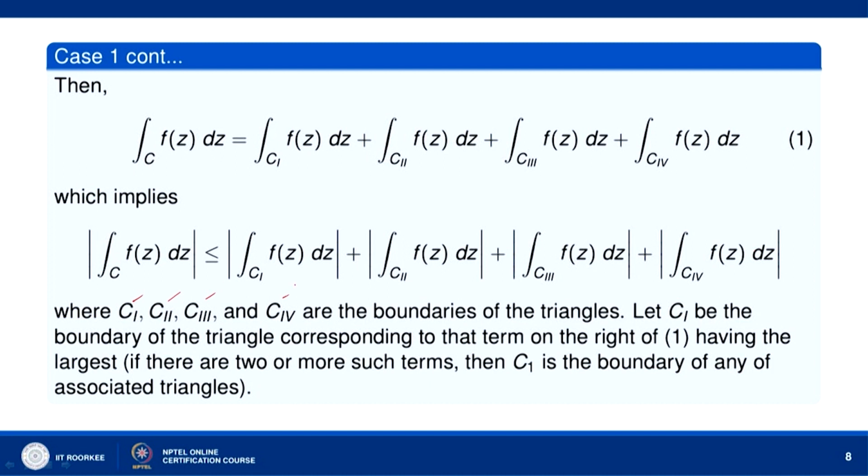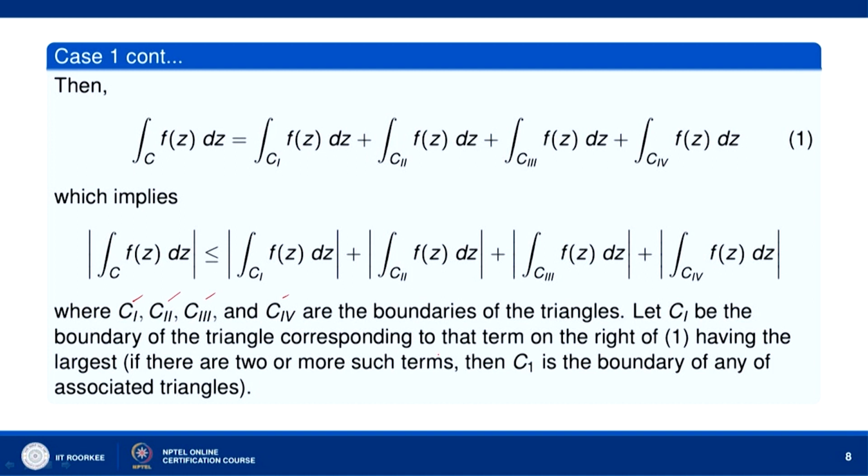Now, let us say that C1 is the boundary of that triangle which corresponds to the term on the right side of this equation having the largest value. If there are 2 or more such terms, then C1 is the boundary of any of the associated triangles.